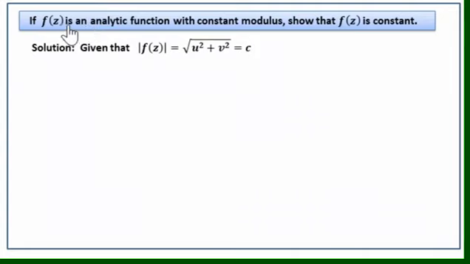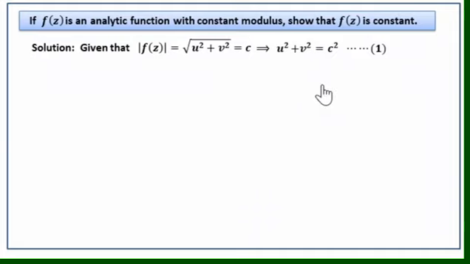Given f(z) is analytic function with constant modulus, call it as c. Squaring both sides, we get u square plus v square equal to c square.